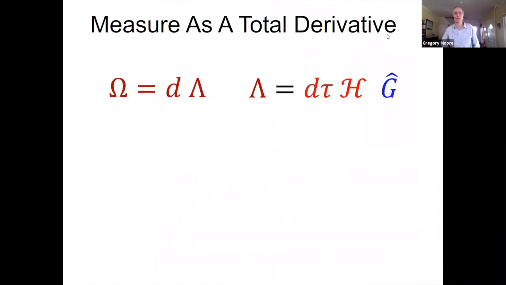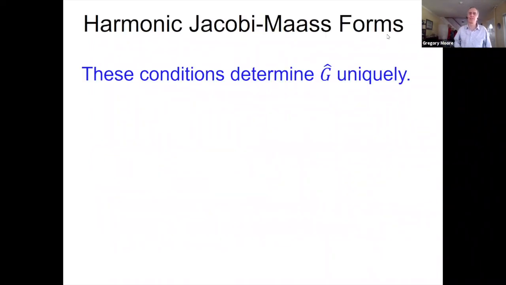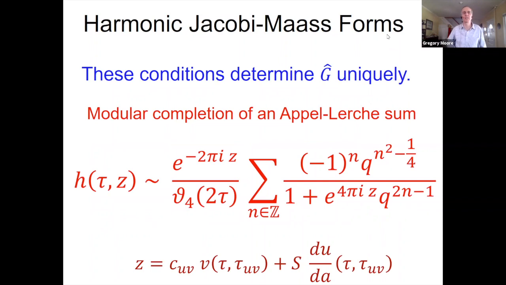So that's the technique that we use to evaluate the Coulomb branch integral. We write the measure as d of a one form. Our one form had better be well-defined, no monodromy or anything like that. It better be non-singular away from the points where we know there's going to be trouble, and it better have a good q expansion near the cusps. These conditions determine this G hat uniquely as a modular completion of what's called an Appell-Lerch sum.